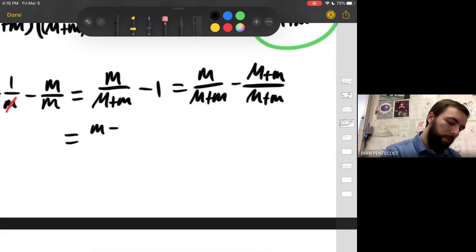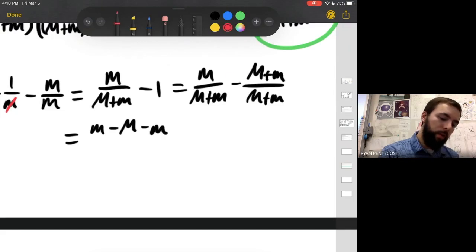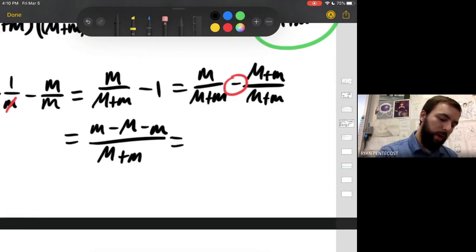You have little m minus big M minus little m, right? That minus has to distribute, don't forget, divided by big M plus little m. Those little m's are going to subtract out, and all you're left with is negative mass of the block divided by the mass of the block plus the mass of the bullet.